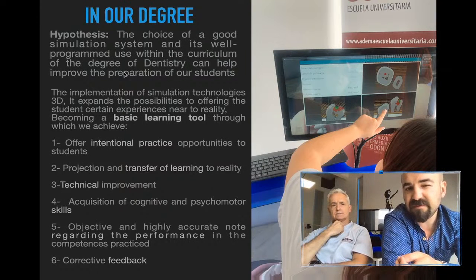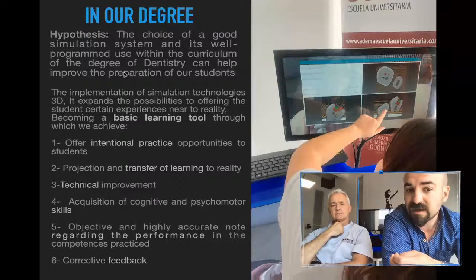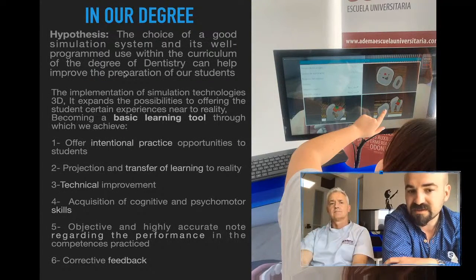This is very, very important. It has become a basic learning tool through which we achieve, first of all, intentional practice opportunities for the students, second, projection and transfer of learning to reality, third, technical improvement, and fourth, acquisition of practical sense.